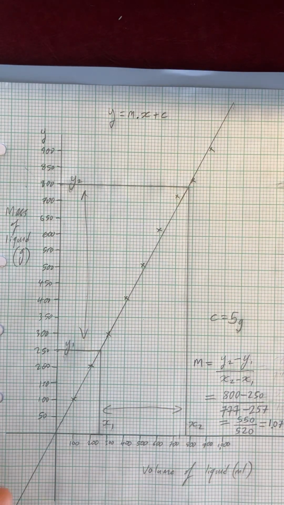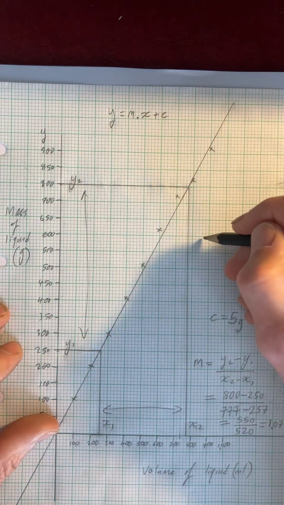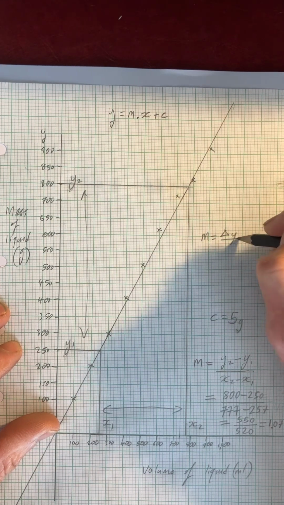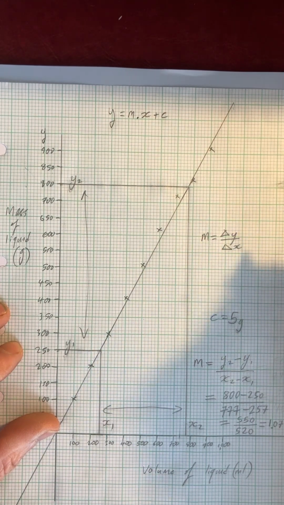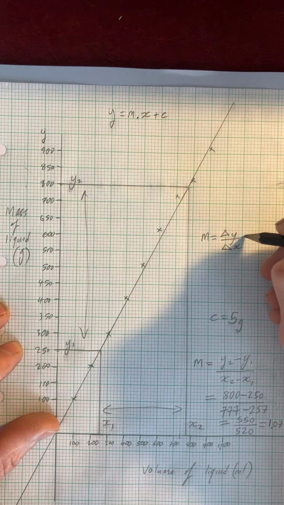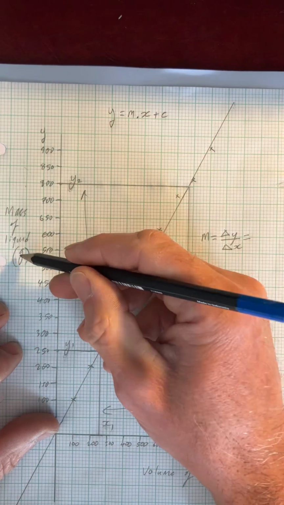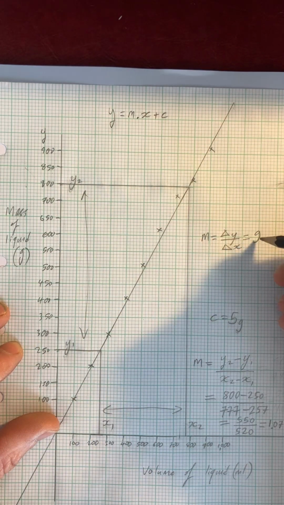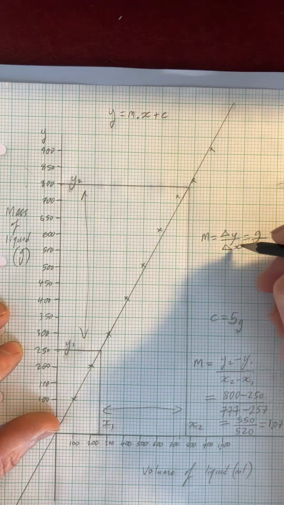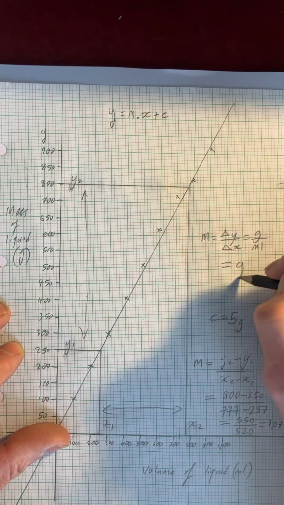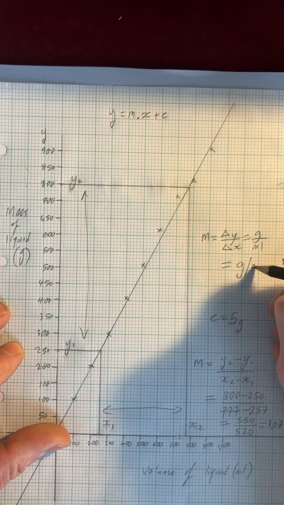Right, now you might say, well, what is the unit of measurement for the slope? Well, when we calculated the slope, it was m equals the change in y divided by the change in x. So the units of measurement for the slope are going to be the units of measurement for y, which is grams, divided by the units of measurement for x, which is milliliters, which equals grams per milliliter.